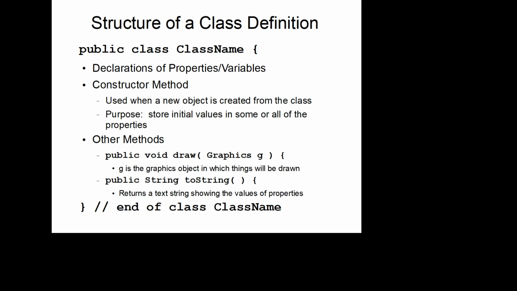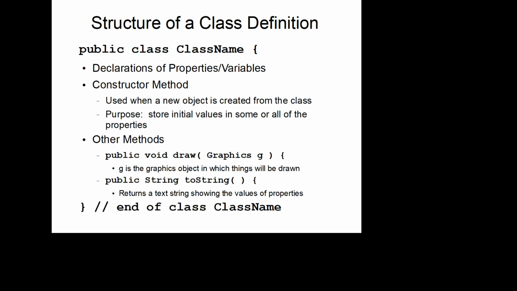These are the things we could ask an object of this class to do. And for these visual objects, we're always going to have a draw method. The heading is going to be public void draw, and then we have Graphics g in here. g is the window or the graphics object in which things will be drawn.